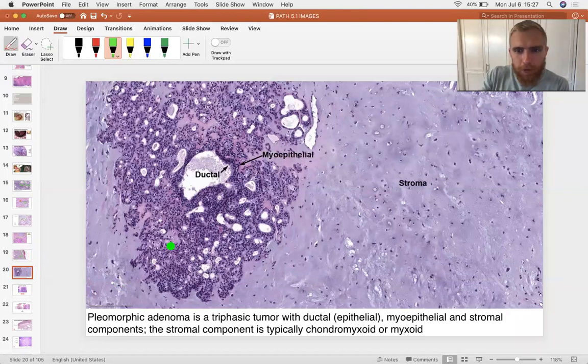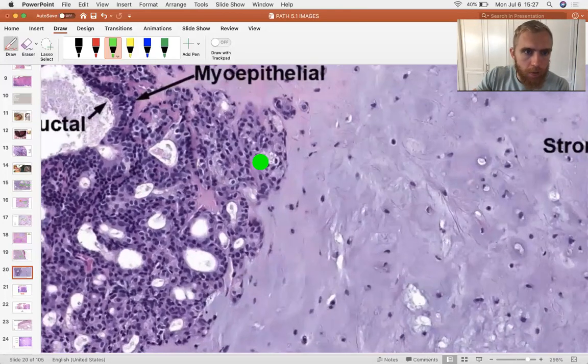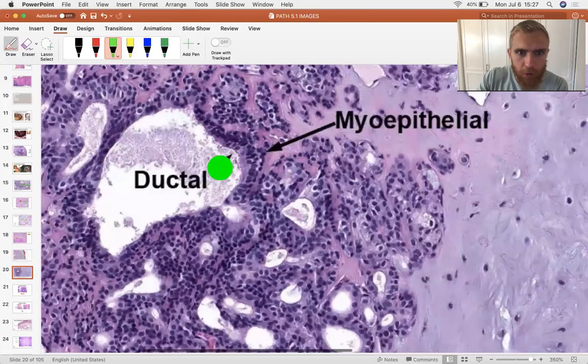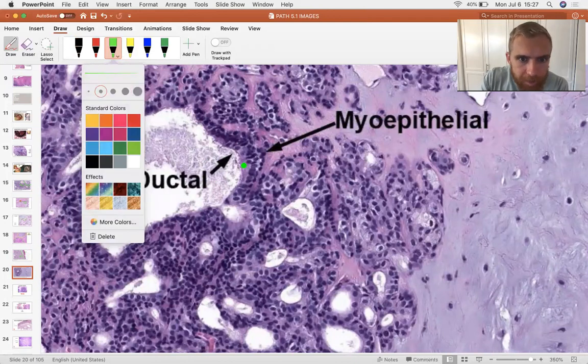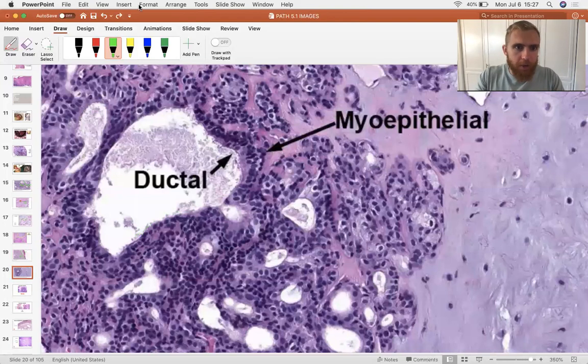This is a beautiful picture. A lot of cartilaginous stroma. Again, you're looking at the ducts, and we're noticing you've got a normal epithelial cell component. I'll go back to red for that. You've got a normal epithelial cell component directly lining the duct. That's a strip of them there. But then you also have these myoepithelial cells that are a little bit bigger, with a little bit darker nuclei.